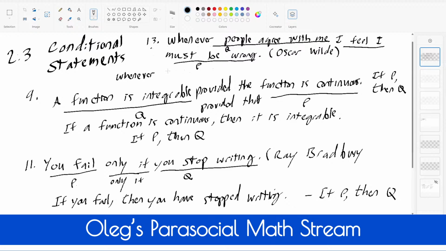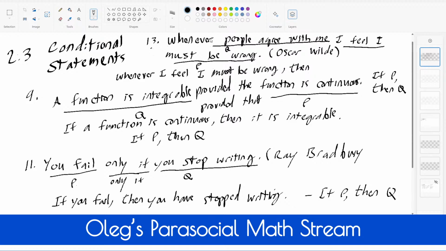Whenever, now, we're not going to use the also. We're just going to say, because that's the form.